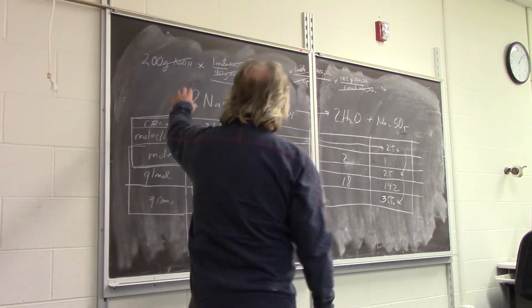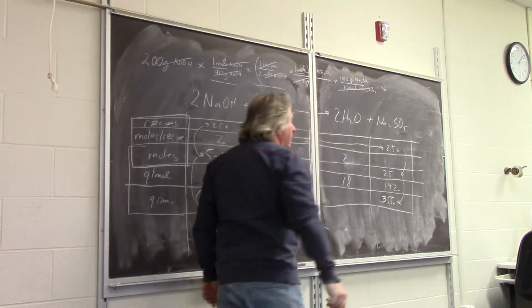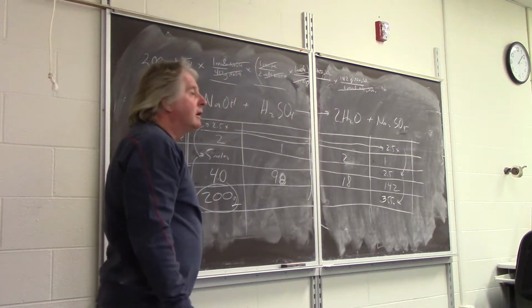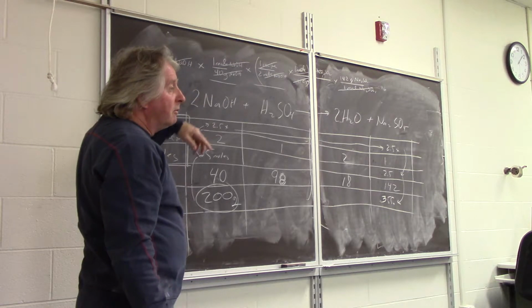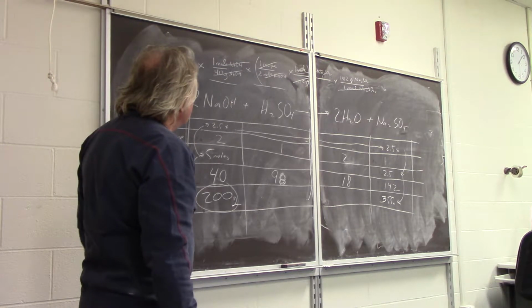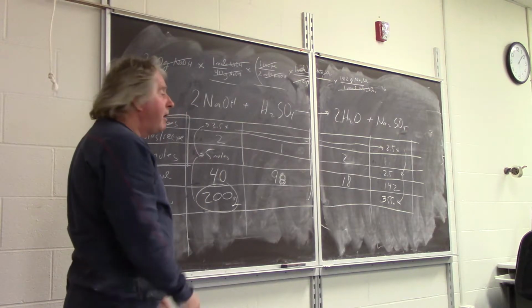In typical conversions, they put these two together and call it a mole ratio. But it says that there's 1 mole of sodium sulfate for every 2 moles of sodium hydroxide. But I just split it up.